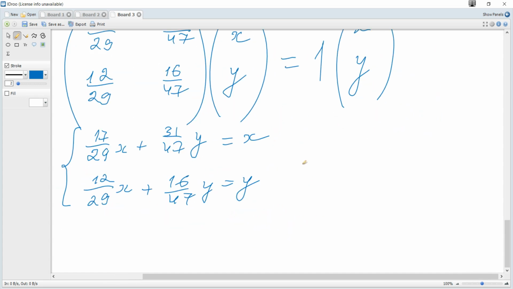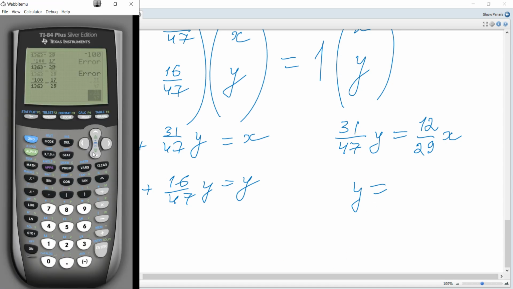And if we consider, for example, the first, it becomes 31 over 47, y is 1, and 1 it's 29 over 29 minus 17 over 29, and it's what? 12 over 29x, and then we can multiply by 47 and divide by 31 to get this.